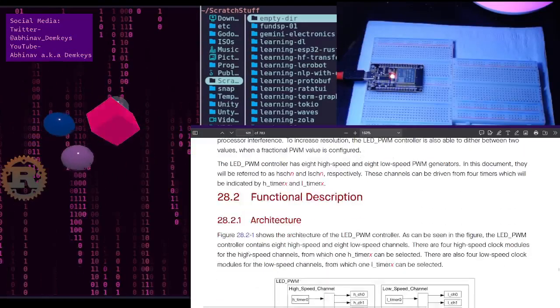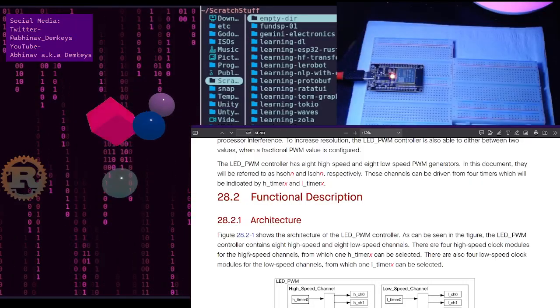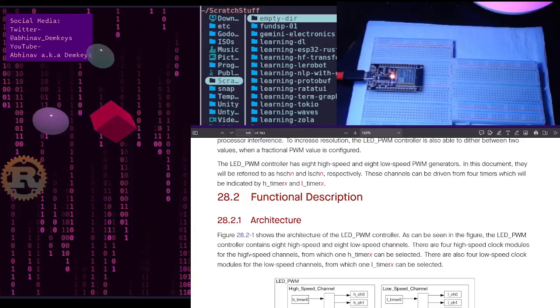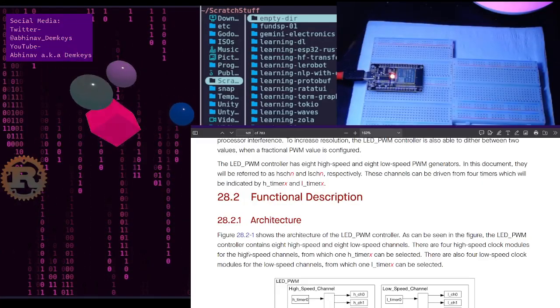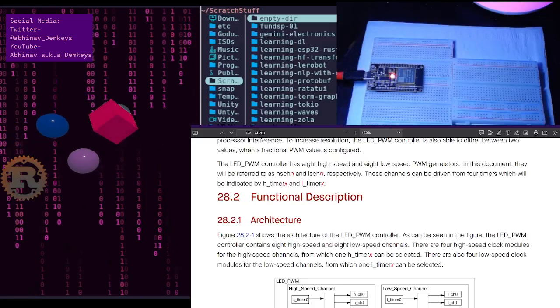Okay, the LED PWM controller has 8 high speed and 8 low speed PWM generators. That's what the channels are doing. So it's 16 in total independent PWM generators that we have.